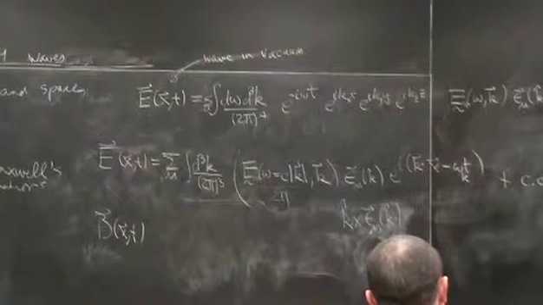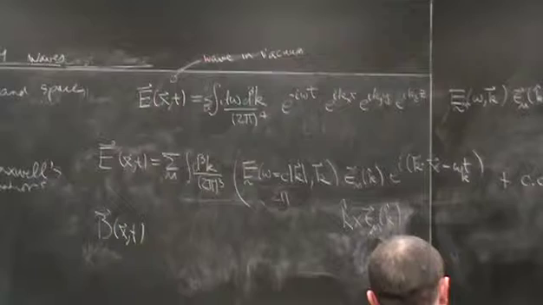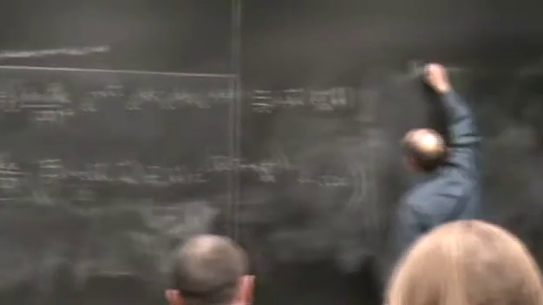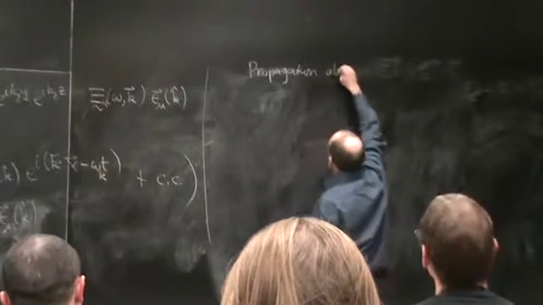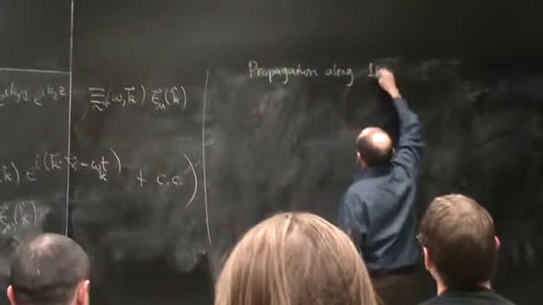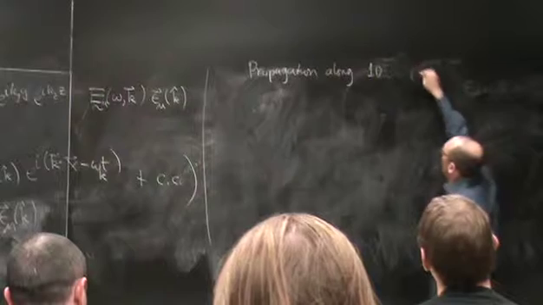All right. Now, one example I just want to talk about briefly is where I'm talking about propagation along 1D. It's called the z-axis.